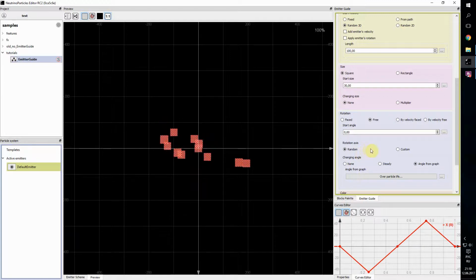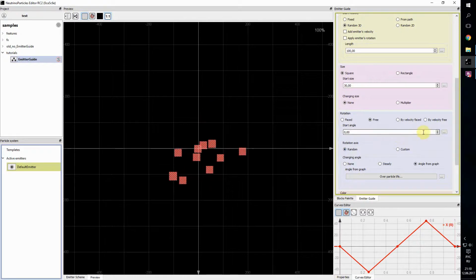Here we have the same two subsections, start angle and changing angle, and one additional subsection which defines the rotation axis. By default it is a random vector, a random rotation axis in the space.